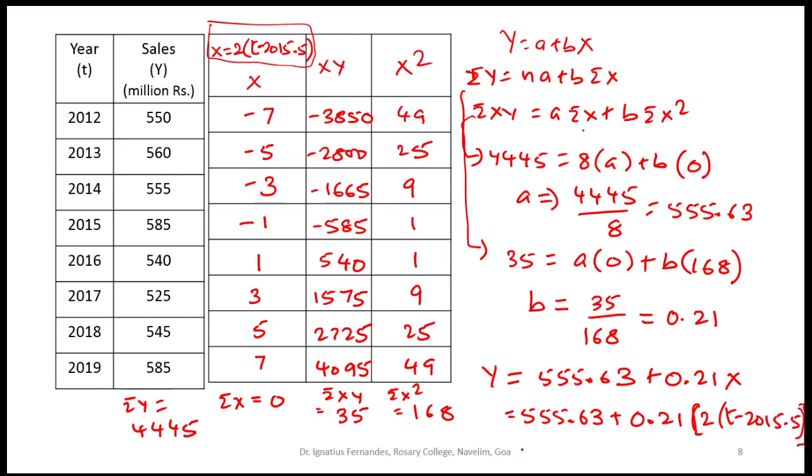Okay, so this you can rewrite as 555.63 plus 2 into 0.21, which is 0.42, into (t minus 2015.5). So this is the equation that we are looking at. If you want, this equation can then be used even in estimating the values before and after, or any intermediate term or value in the t values.